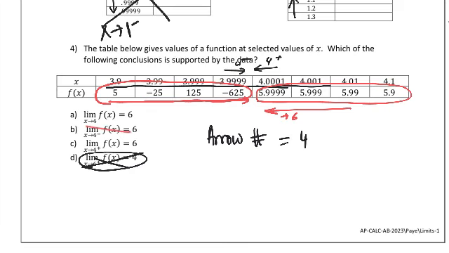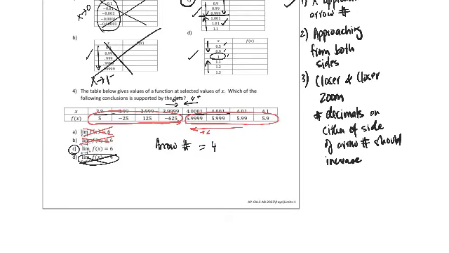So that's out. If I cannot conclude 6 from both sides, then I certainly can't say an overall limit is 6. So I'm left with just this conclusion, C, which is that from one side, from the right side, I seem to be approaching 6. Okay, so that's kind of a summary of what we need to know about tables.